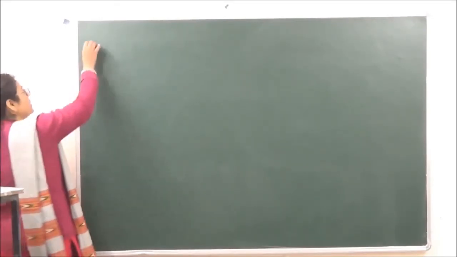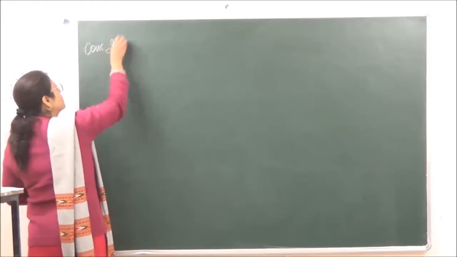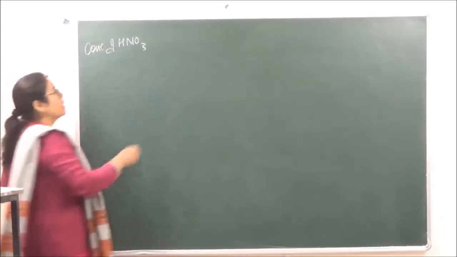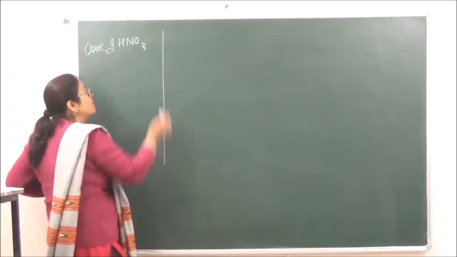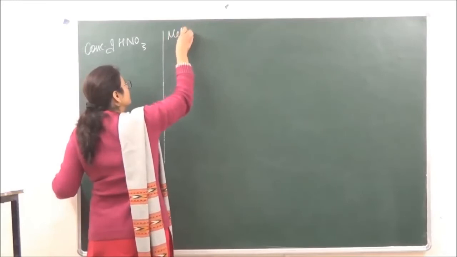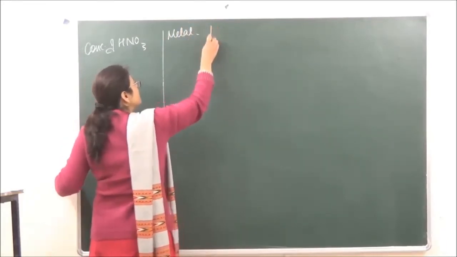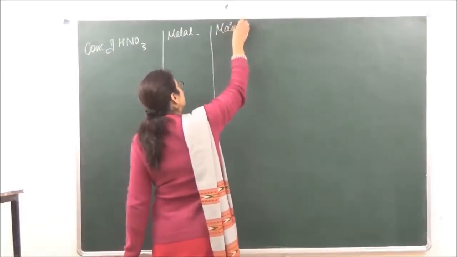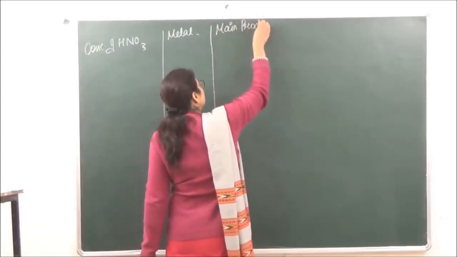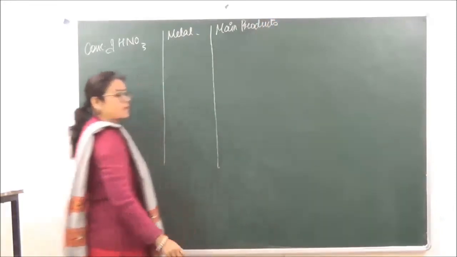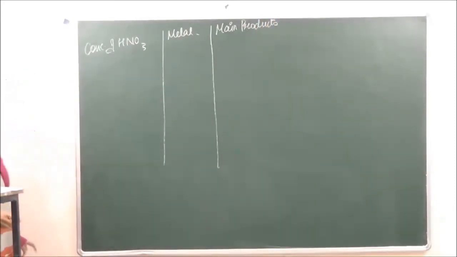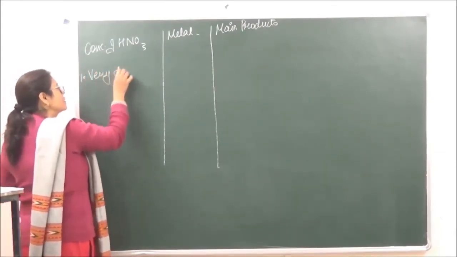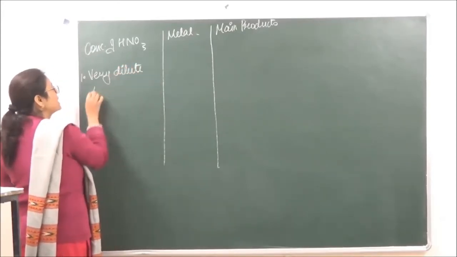We are taking the concentration of HNO3, then the metal, and the main products. First of all, we take very dilute acid.